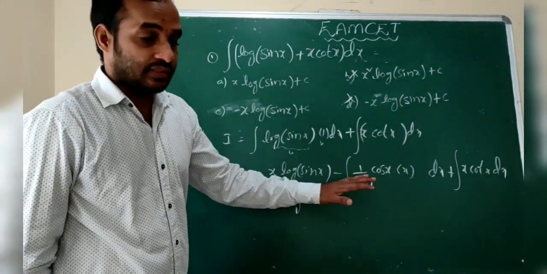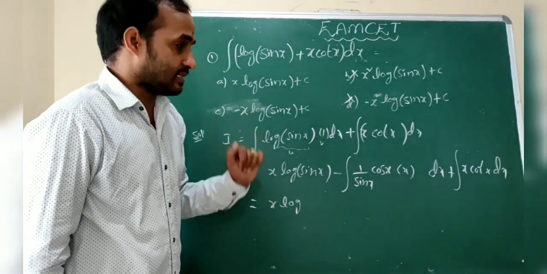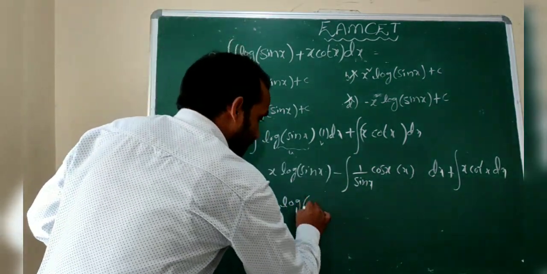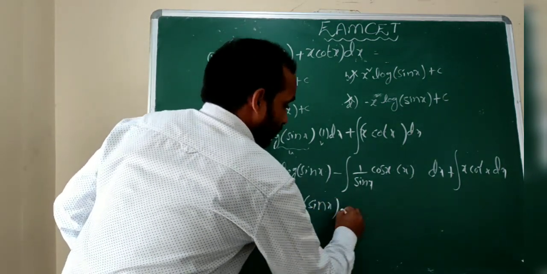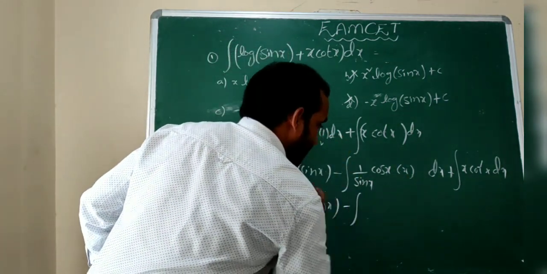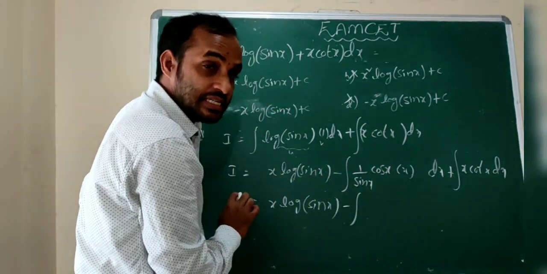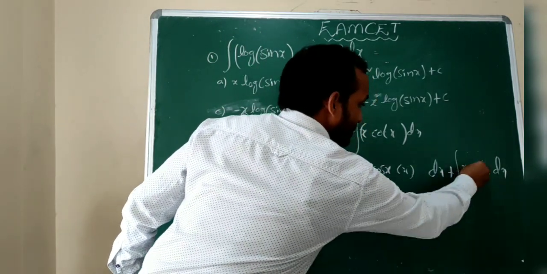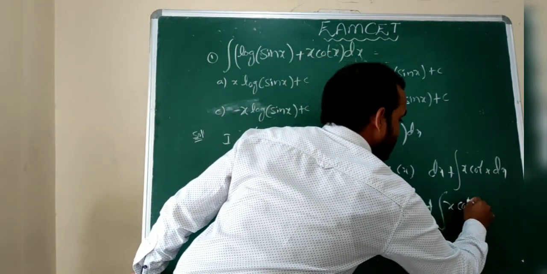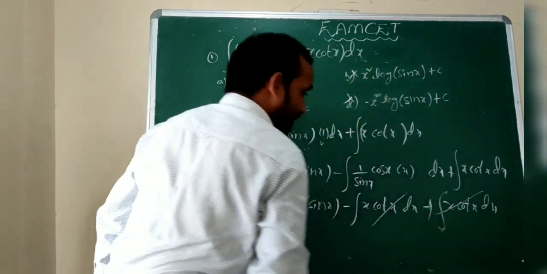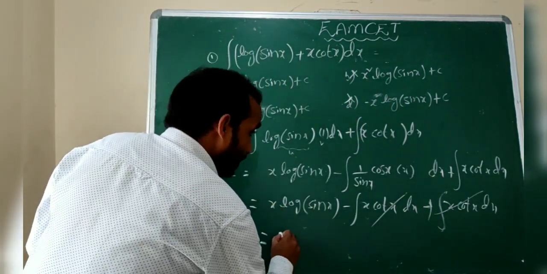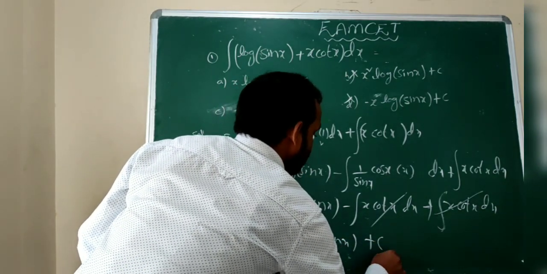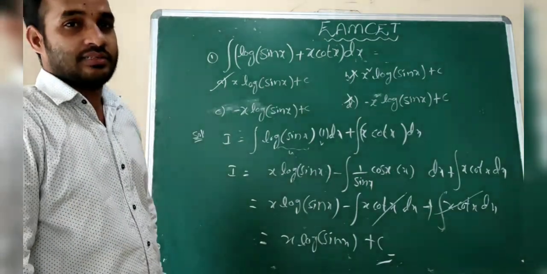You don't waste time, because x cot x is as it is. Because of the minus plus, we cancel out. So x log of sin x minus x times the integral of cos x by sin x, which is cot x, dx, plus the integral of x cot x dx. You can cancel out plus minus, leaving only x log of sin x plus c. Answer A is correct.